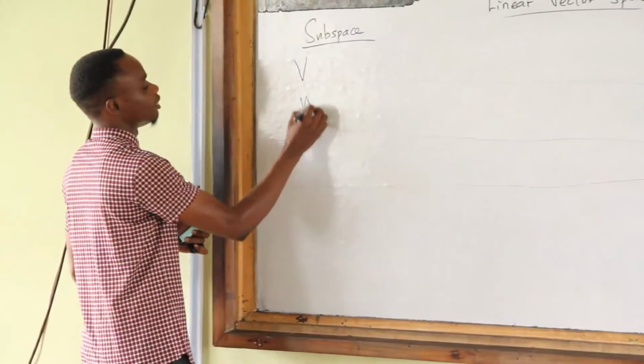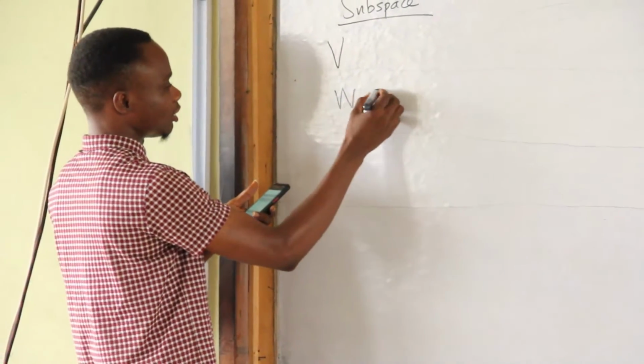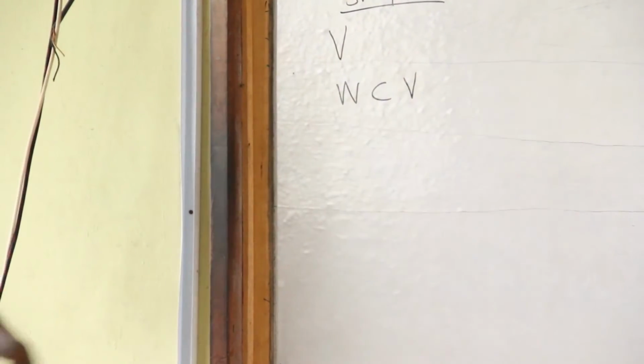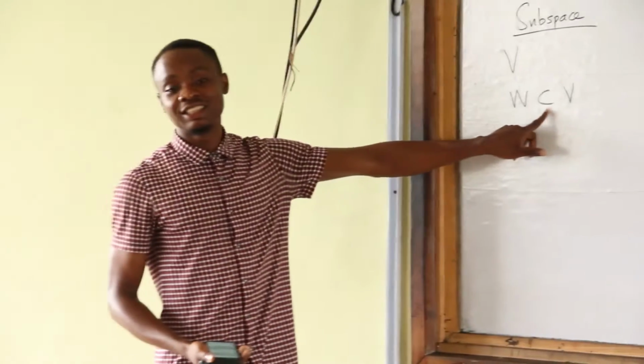A subset W contained in V. You understand this symbol, right?